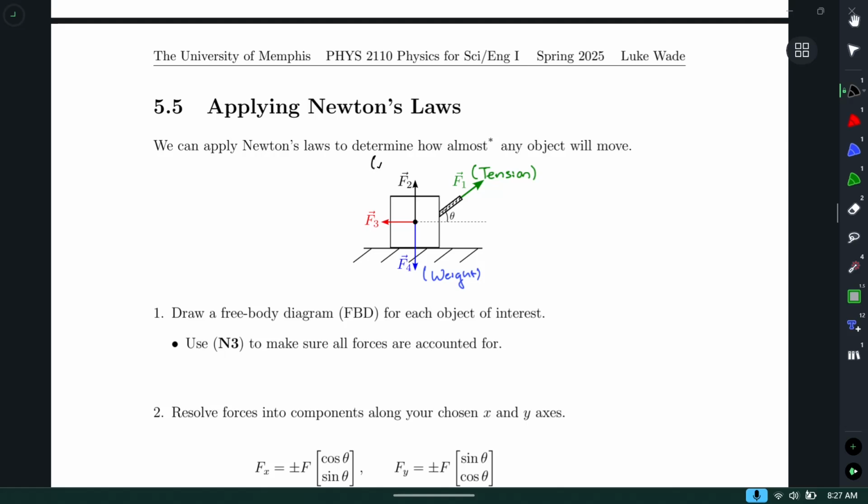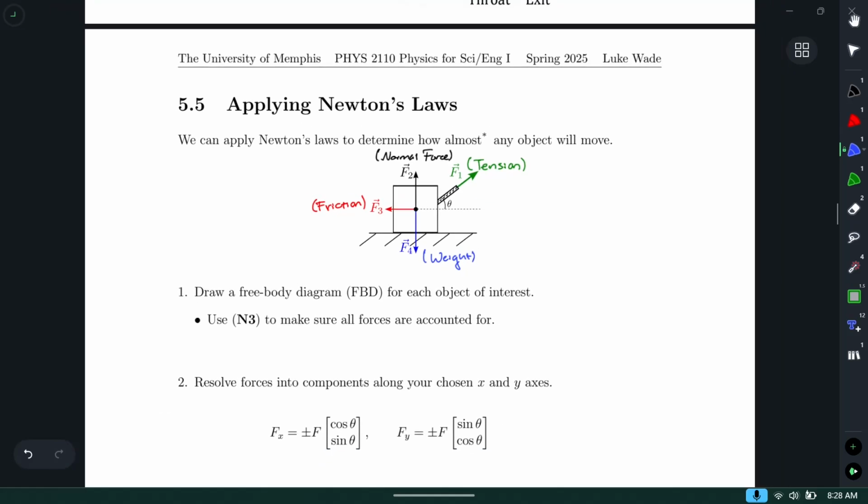We called that part the normal force because it is normal to the surface, perpendicular to that surface. And then we've got this one to the left, that's the other interaction between the block and the surface that makes it hard for it to slide. So that's friction. Those are the main forces we're going to see over and over and over throughout the semester.